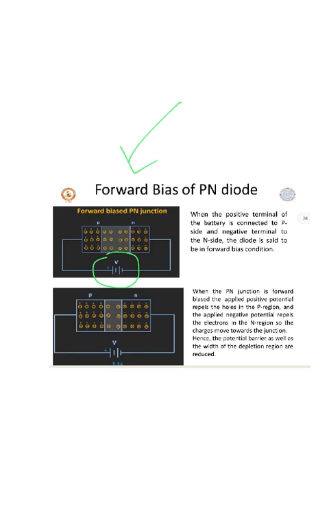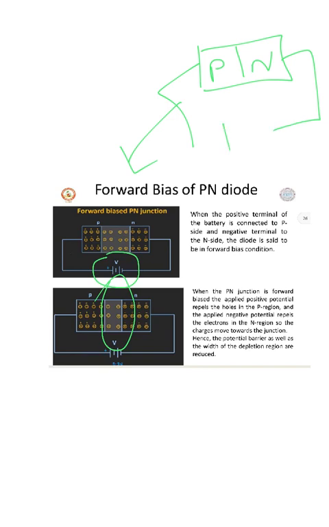So the charges move towards the junction and hence the width of the potential barrier is reduced, as well as the width of the depletion region. I repeat it again. So this was your P and N. We are connecting some voltage.